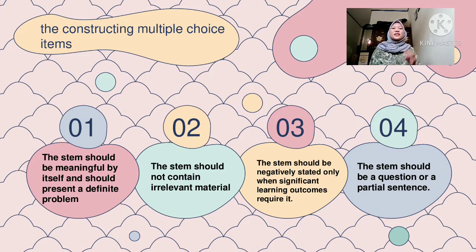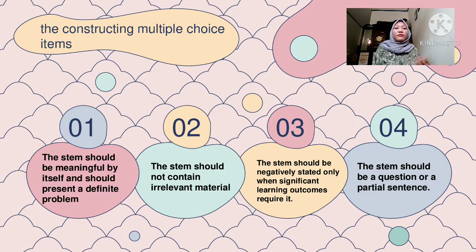The second is the stem should not contain irrelevant material. The next is the stem should be negatively stated only when significant learning outcomes require it. Students often have difficulty understanding items with negative phrasing.